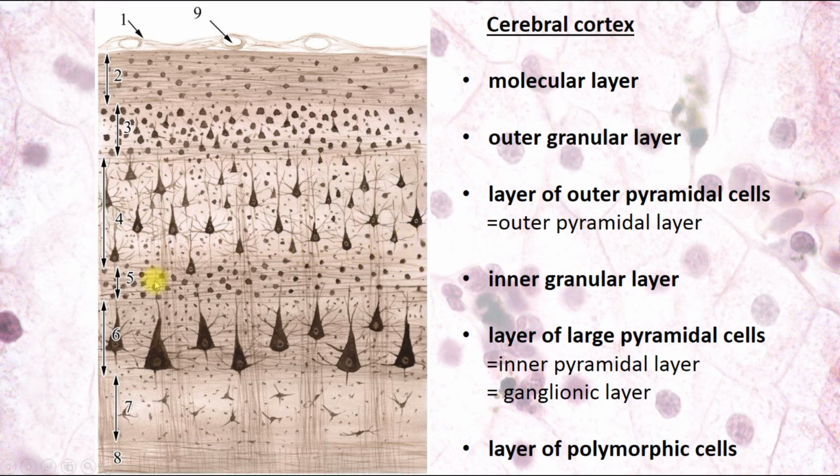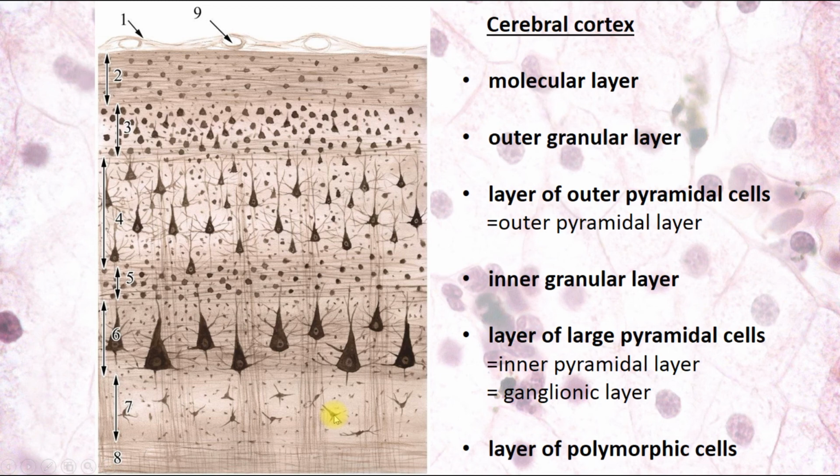Inner granular layer. So we have outer and inner granular layers. And also we have the layer of large pyramidal cells. It's also called the inner pyramidal layer or ganglionic layer. So outer and inner pyramidal layer, and the layer of polymorphic cells which have different shape.